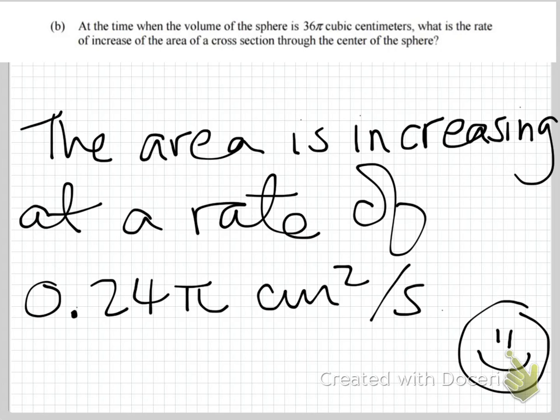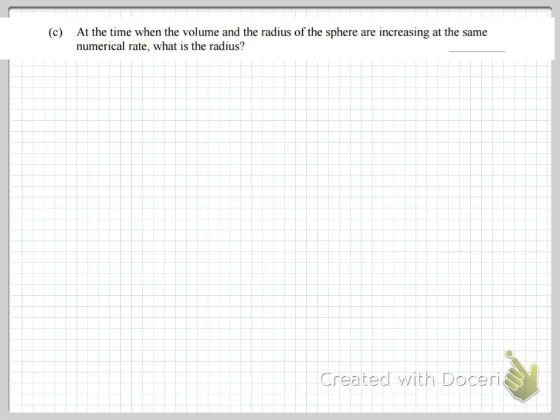All right, but I have one more part to do. Here we go with the last part of the problem. It says, at the time when the volume and the radius of the sphere are increasing at the same numerical rate, what is the radius?